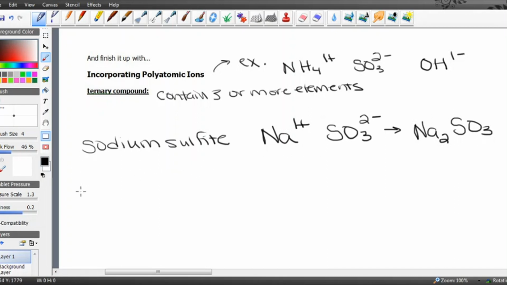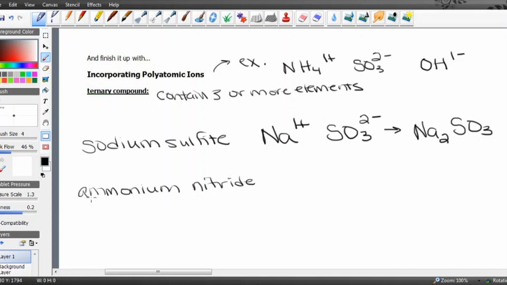Let's do another one. Let's say I want to make a compound between ammonium and, how about this, nitride?